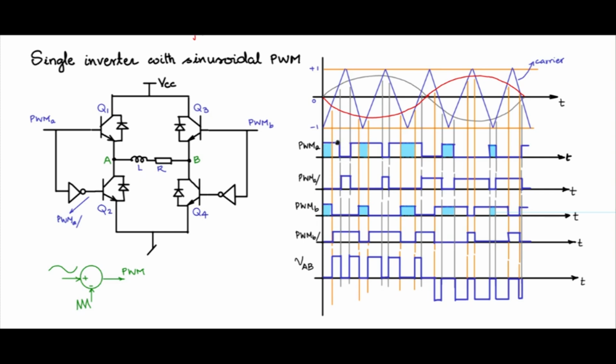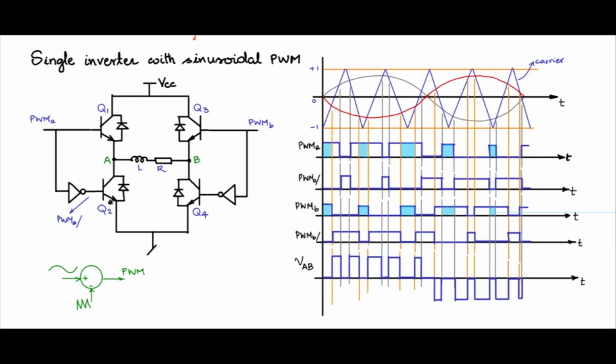So in a finite time, you will see that Q1 is going from the on state to the off state, and in a finite time, Q2 will be going from the off state to the on state, and in between they will be in the active region for some period of time when both will be conducting. During that time, there will be a shoot through directly from VCC through Q1, Q2 to the ground. So that is called the shoot through current.